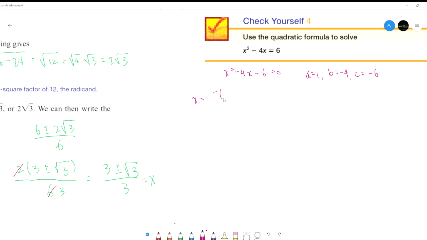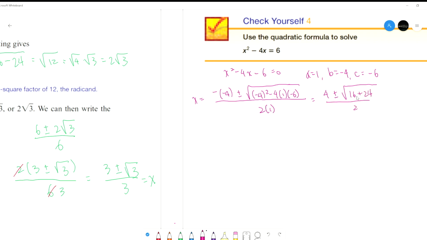I have -b plus or minus the square root of b squared minus 4ac, all of this over 2a. So far, so good? Okay, so this is equal to +4 plus or minus the square root of positive 16 plus 24, over 2.